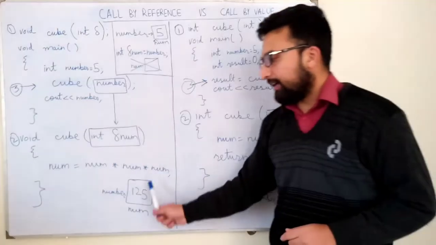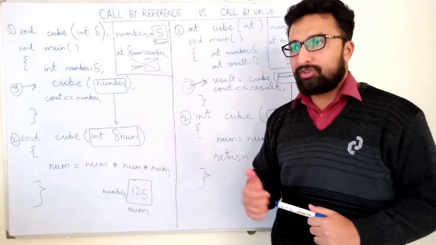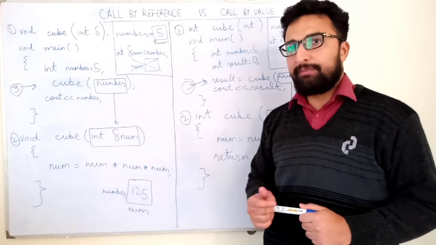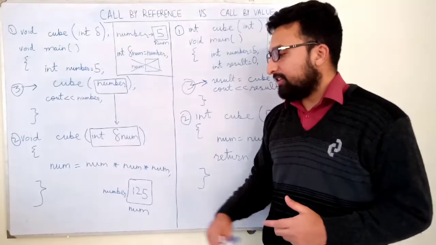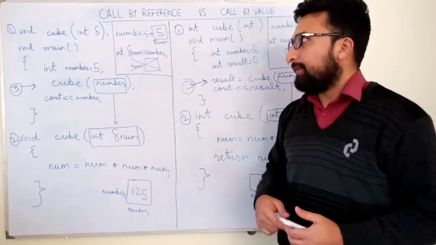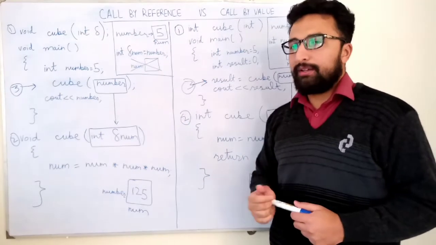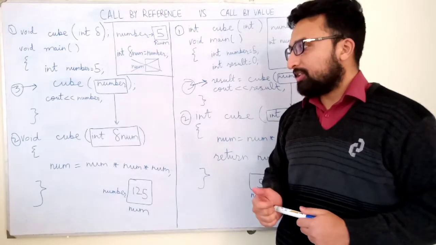However, in call by reference, another variable does not get generated. This reference variable just serves as a reference to some other variable. So whatever change we make in the reference variable will be made in the actual variable number, because both are technically pointing to the same memory location.